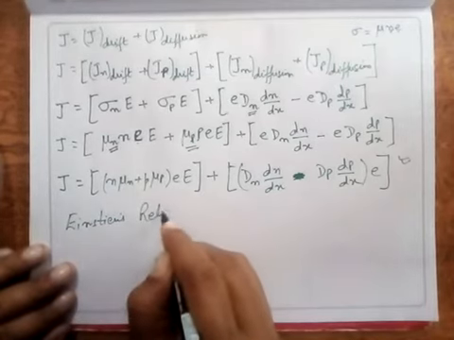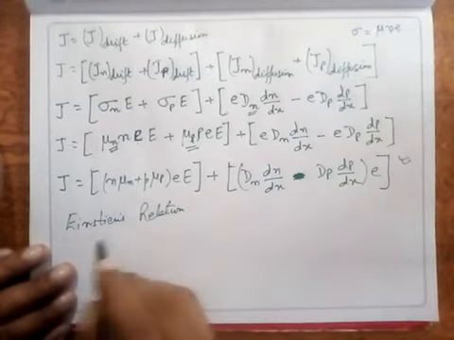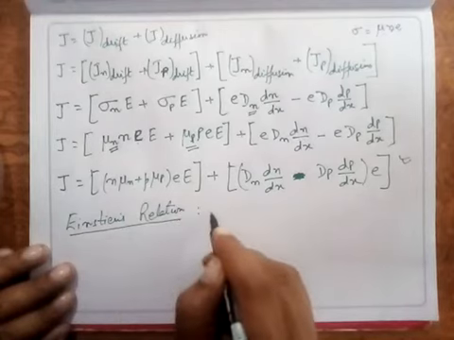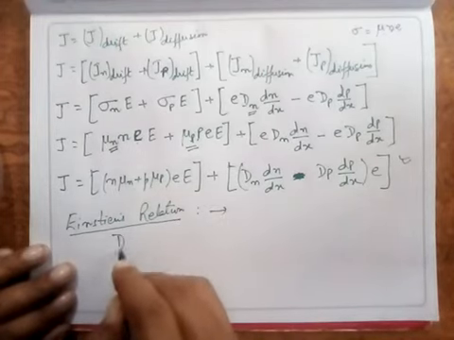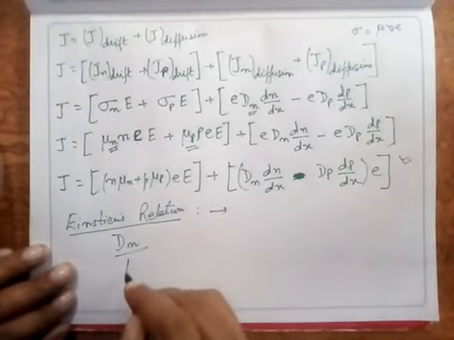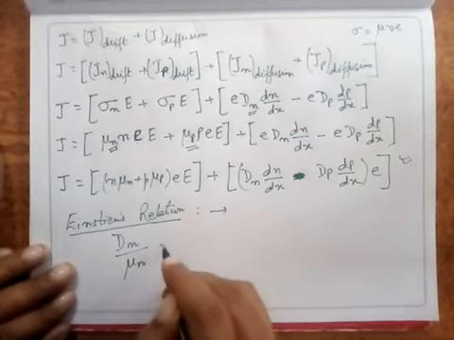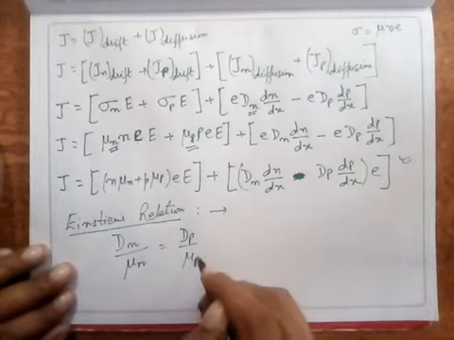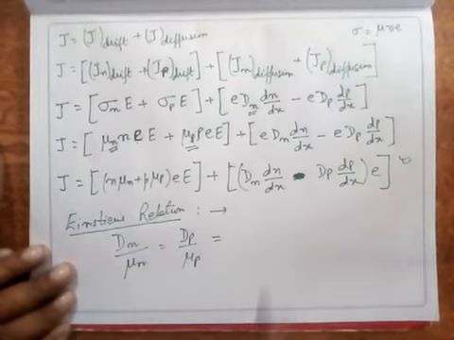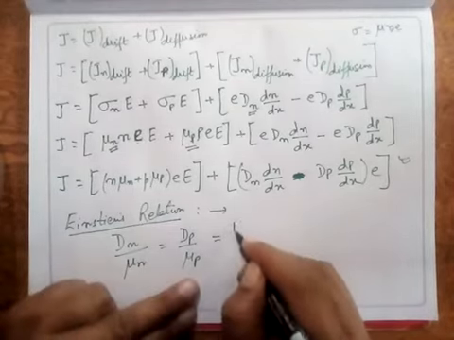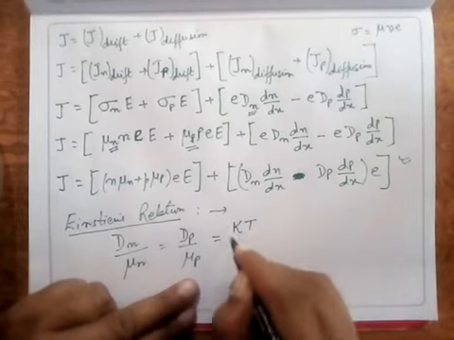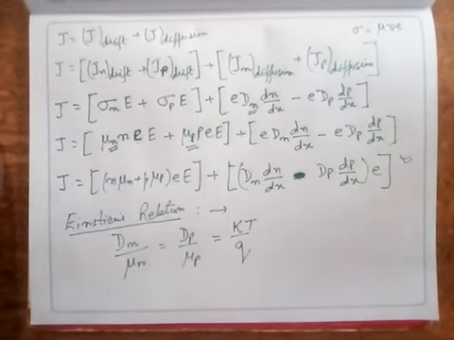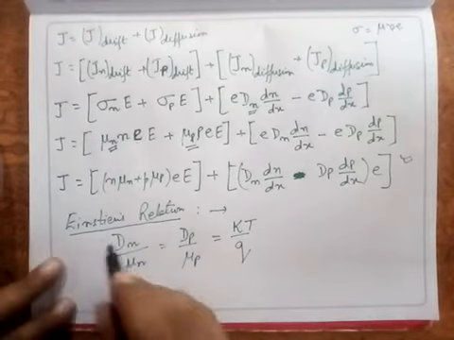This Einstein relationship says that DN upon mu n is equal to DP upon mu p. This is equal to a constant, and it says that this is equal to kT upon q. A very important relationship.